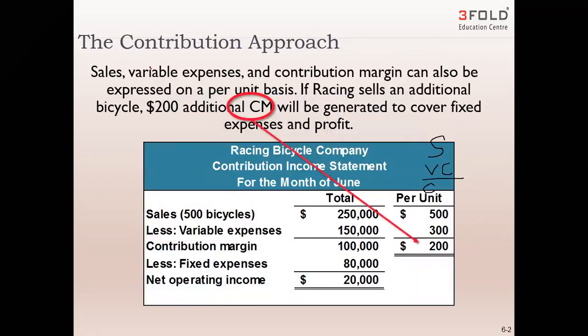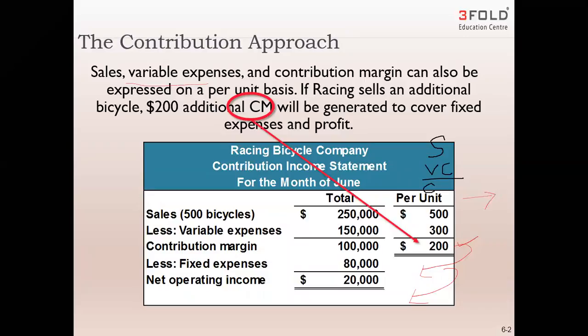So we saw sales minus variable expenses and contribution margin, all these concepts we've seen. Now, let's say for every additional bicycle that this company sells, they will make an additional contribution margin of $200 per bicycle. And this will help cover the fixed costs and also contribute towards the profit. So now something to keep in mind here is the idea of per unit calculations.